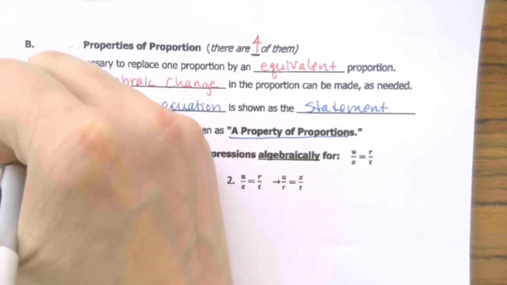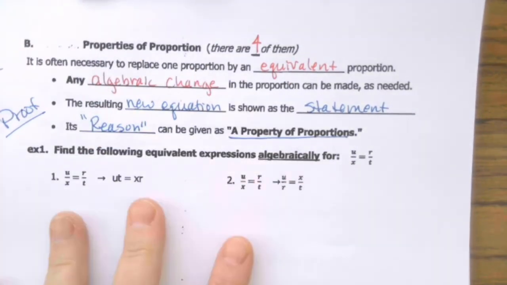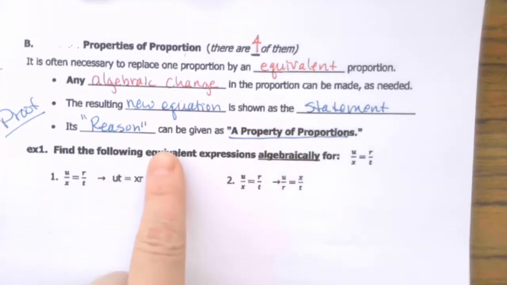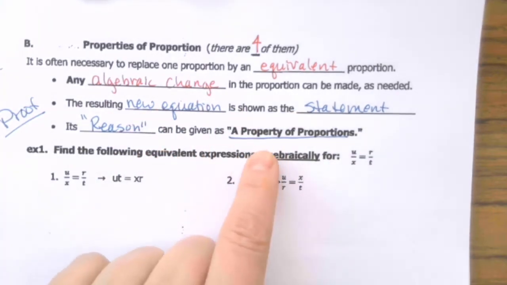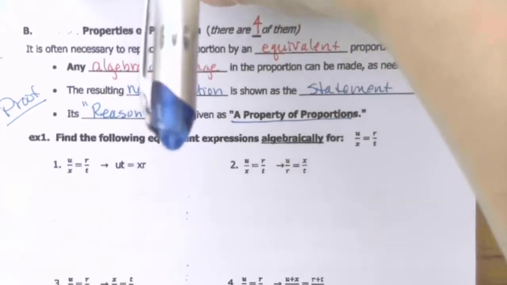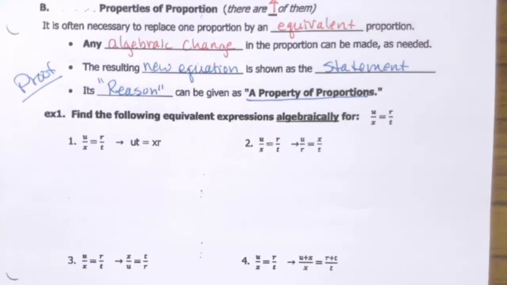So if you're doing a proof and you want to move stuff around algebraically, the algebra in the proof would have this as the reason, a property of proportions. And it's nice because you don't have to be specific about exactly which algebra move got you there. You just have to say it's a property of proportions.